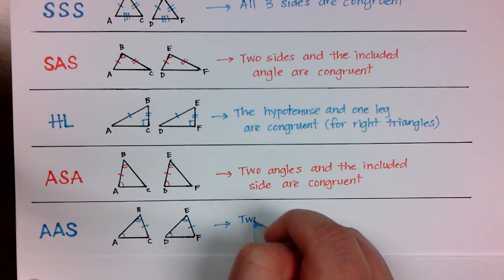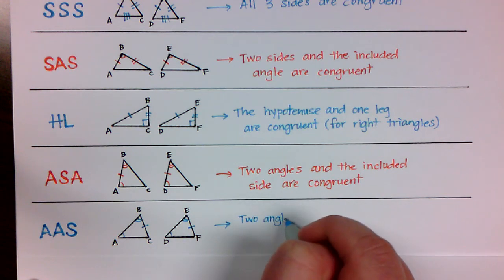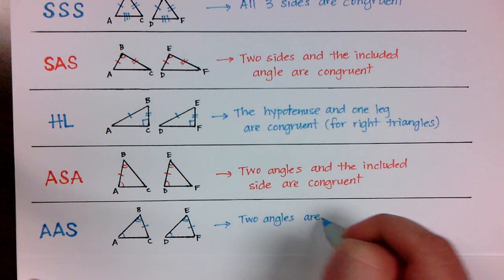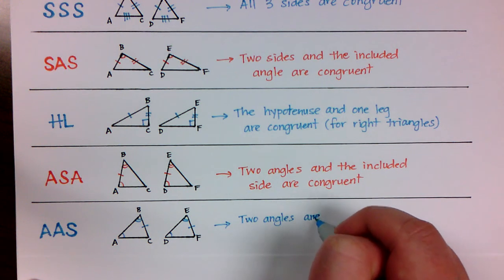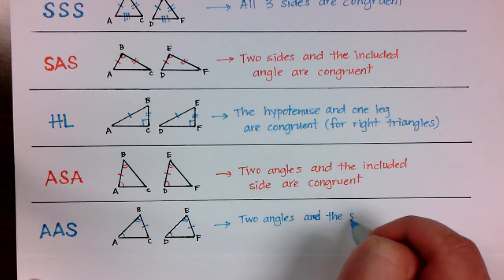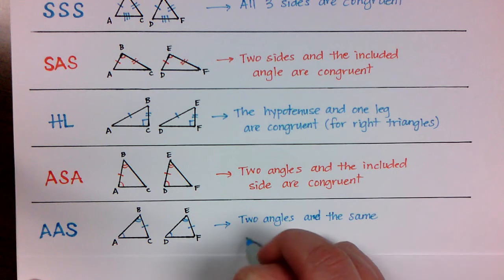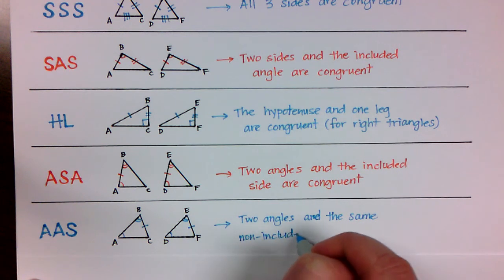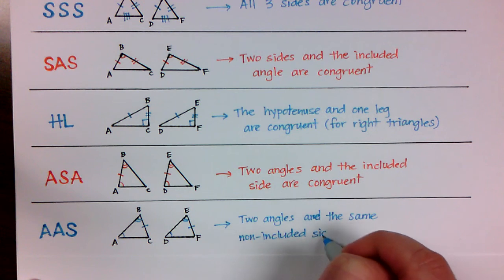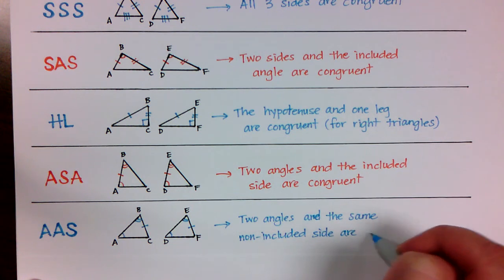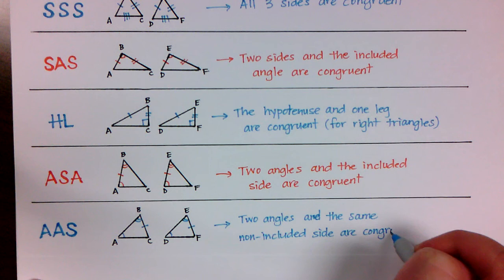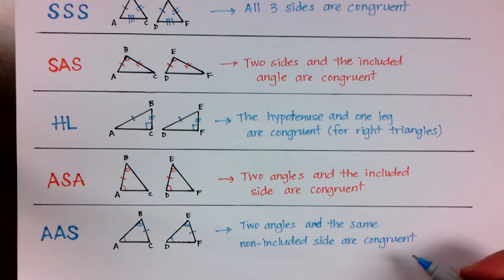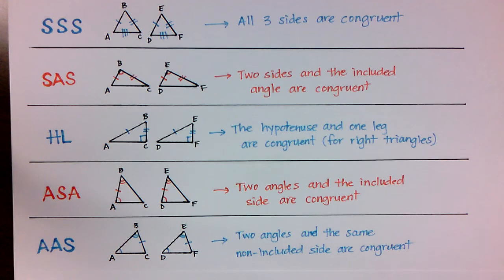So two angles and the same non-included side are congruent. That's what I'm looking for. So there are so many different ways now to really be able to show that two triangles are congruent to each other.